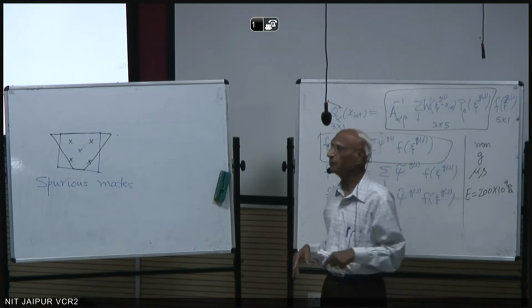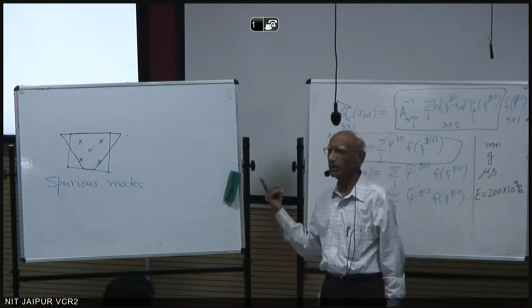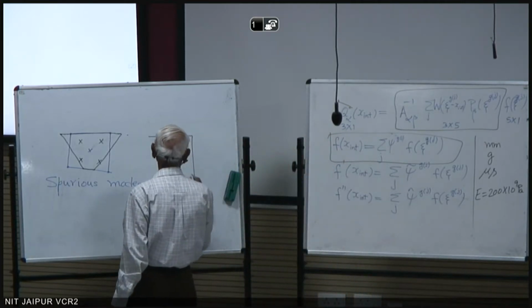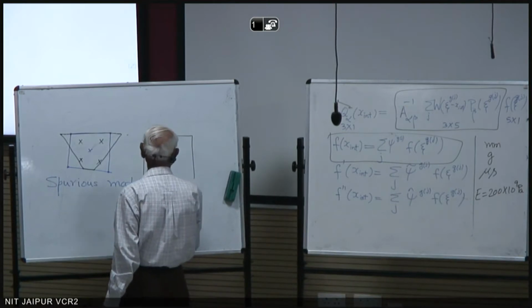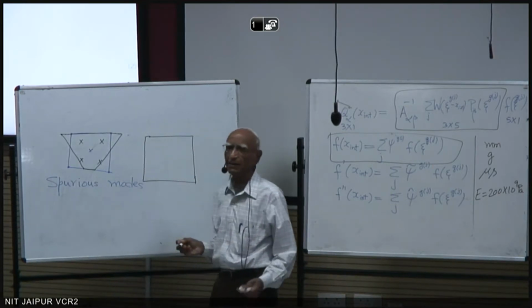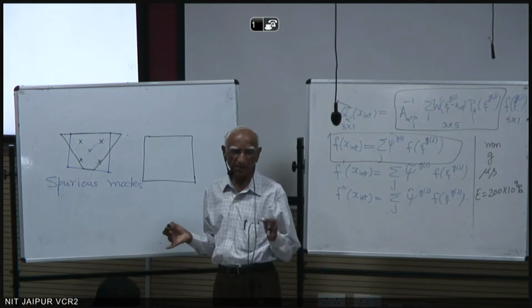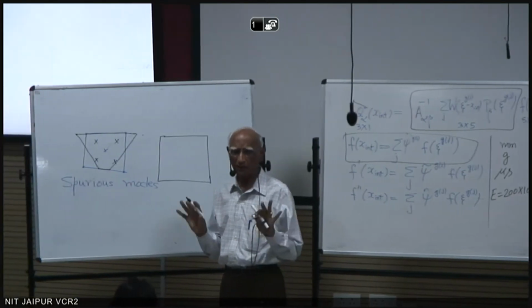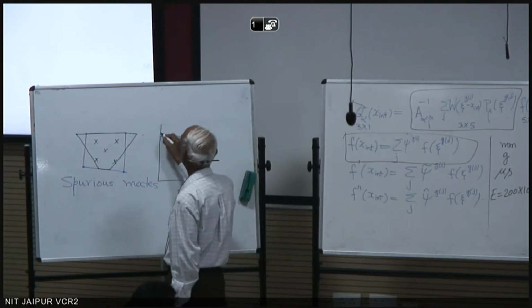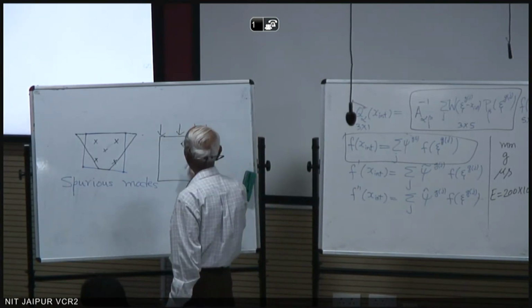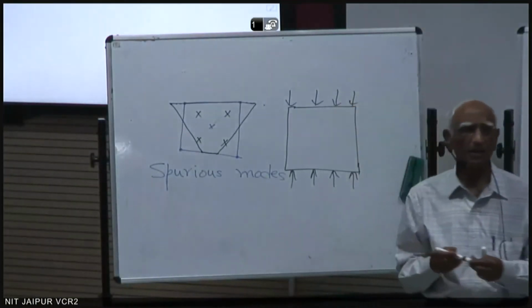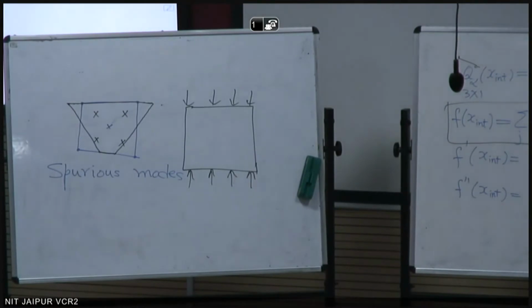I turned on my computer, but now I realize I could have shown you an example. A typical case is that you take a cube, it's 3-dimensional, and you divide this into 7 elements, and you do either, say, tension or compression.